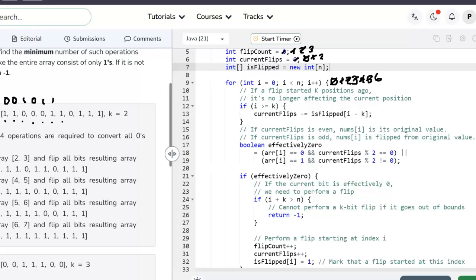Current flips, 6 minus 2 is 4. Where's index 4? 0, 1, 2, 3, 4. Okay, yeah, so that would subtract 1. So current flips would go from 2 back to 1, because this index 4 has moved out of the current window.